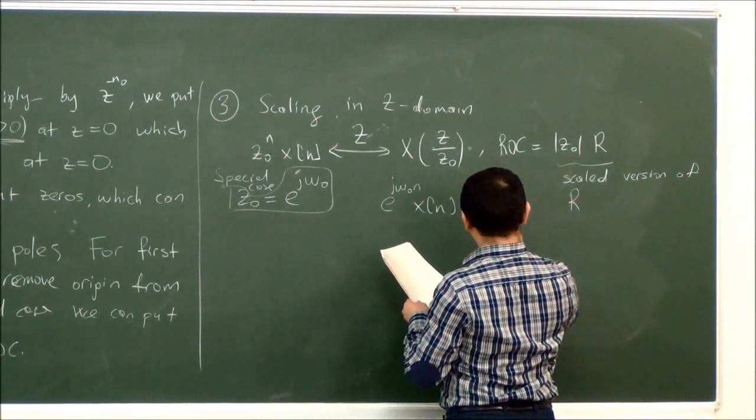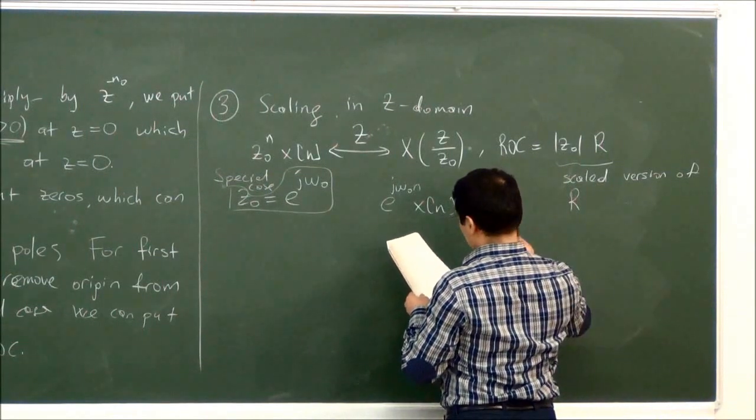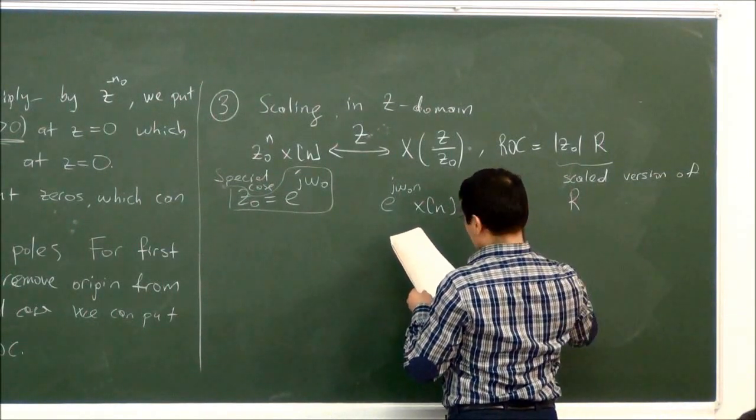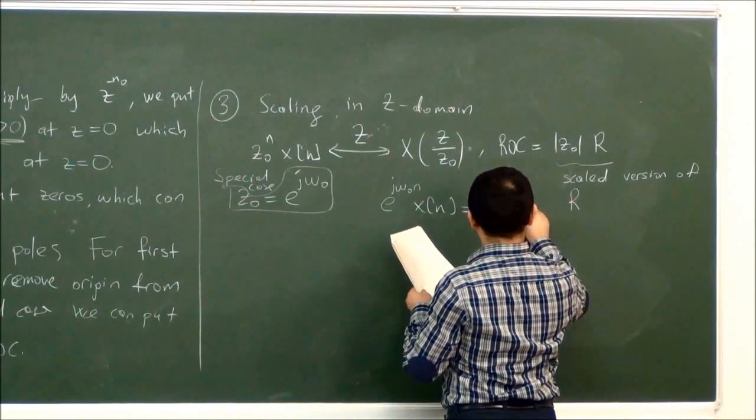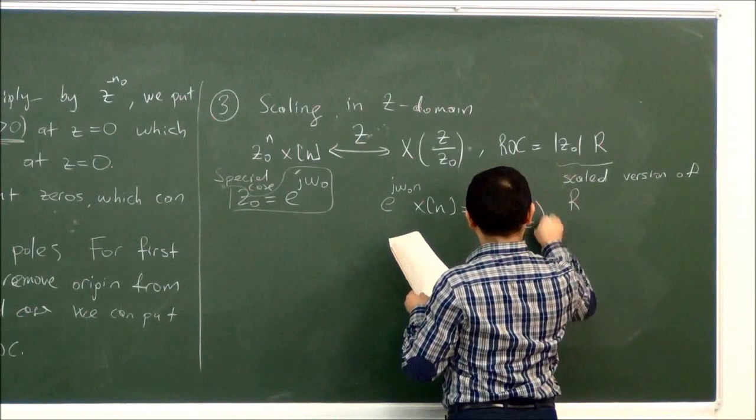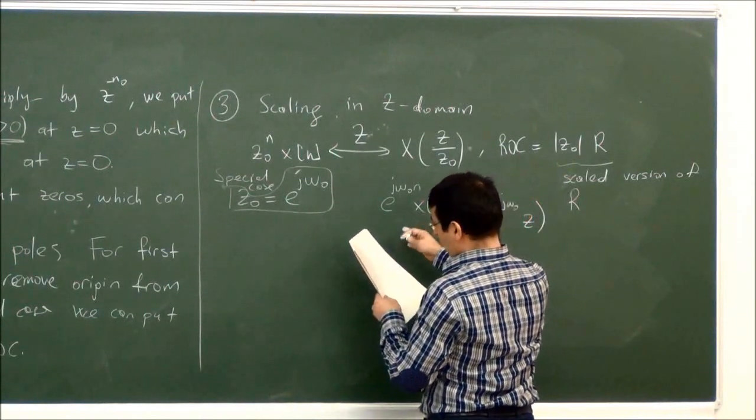So what is the Fourier transform of this sequence if you multiply this with this? This is the Fourier transform of this sequence.